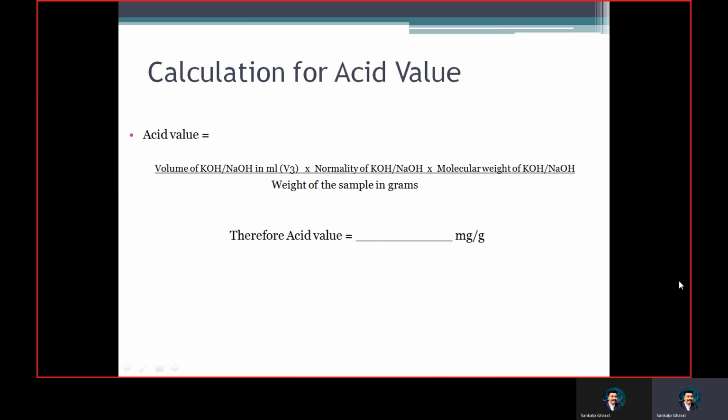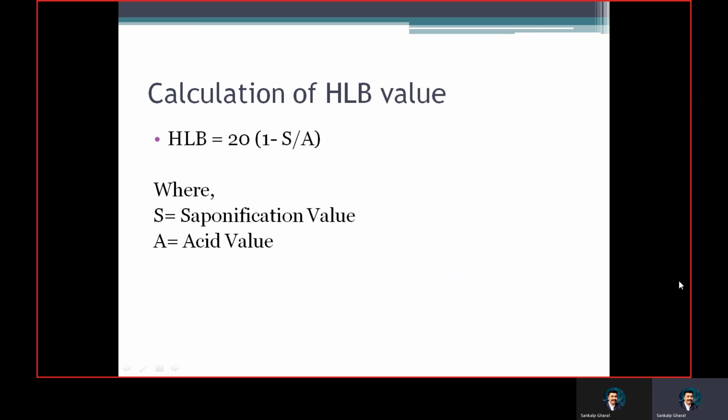Now we have come to a point where we have calculated the saponification value and the acid value. Now it is time to calculate the HLB value. One of the methods of calculating HLB value using saponification value and acid value is the formula HLB is equal to 20 into 1 minus S upon A. Once you substitute S, that is the saponification value, and A, the acid value, you will get the final HLB value of glyceryl monostearate.